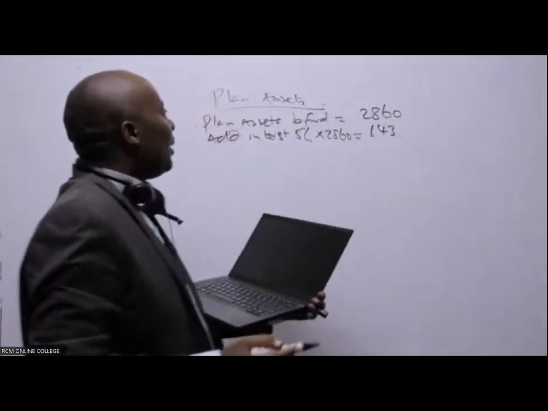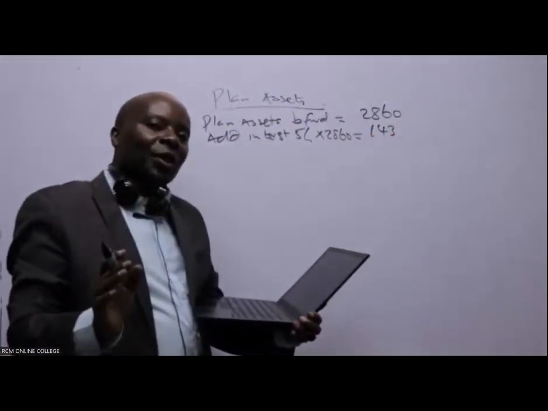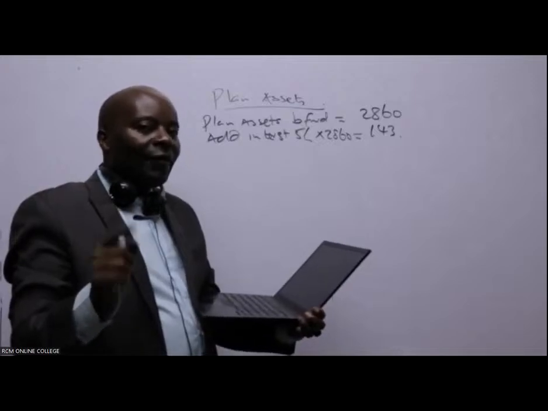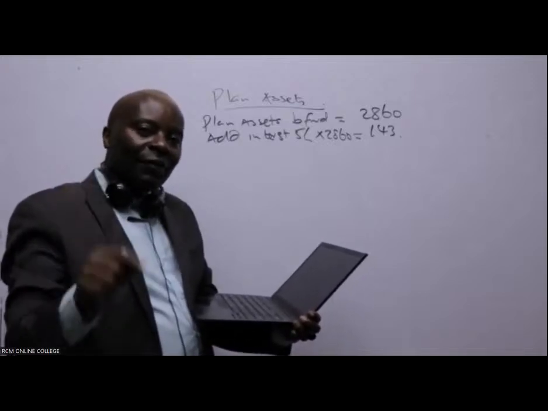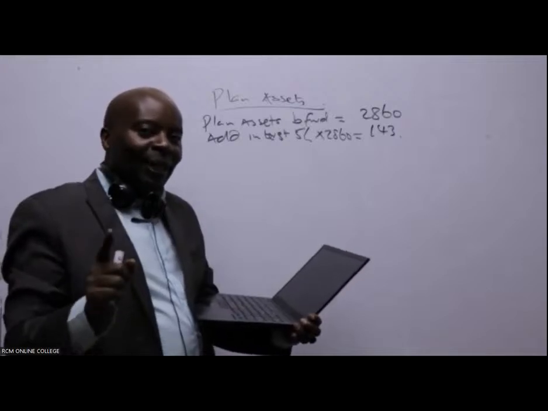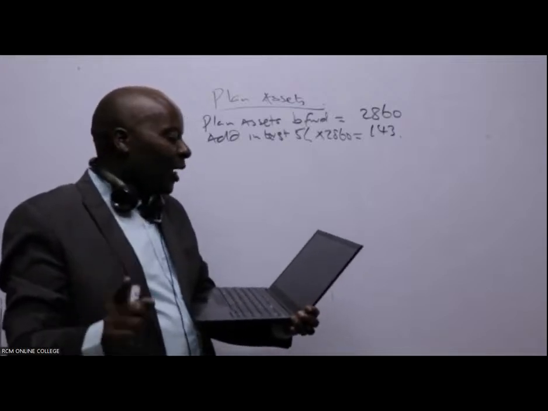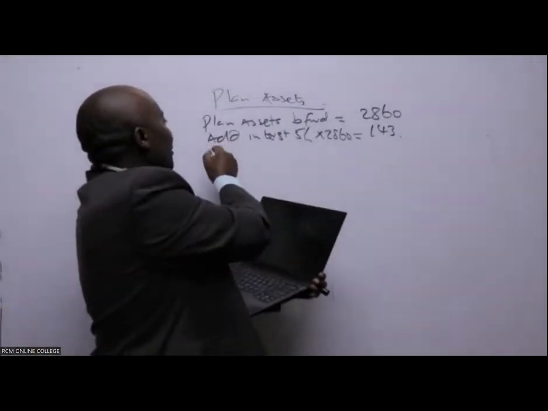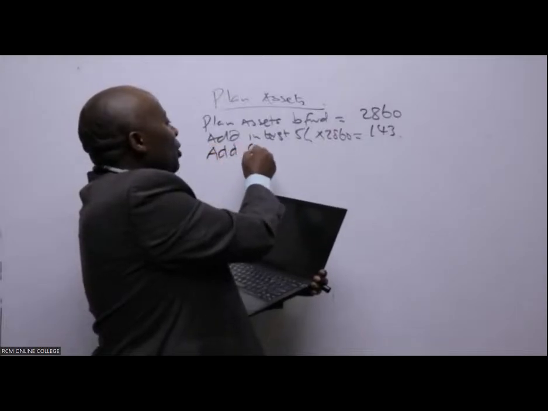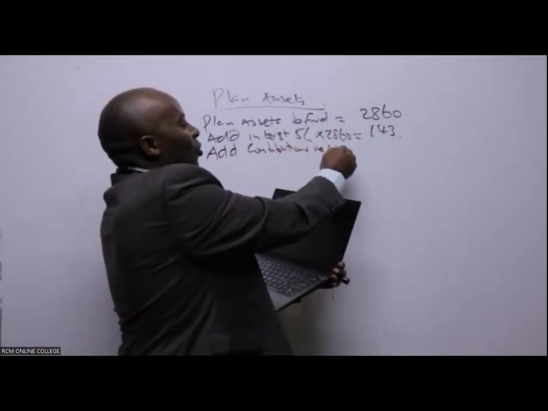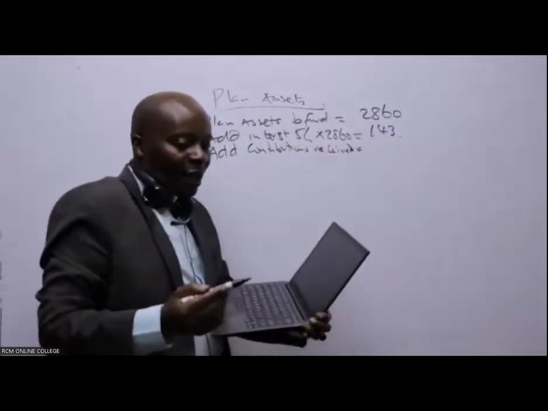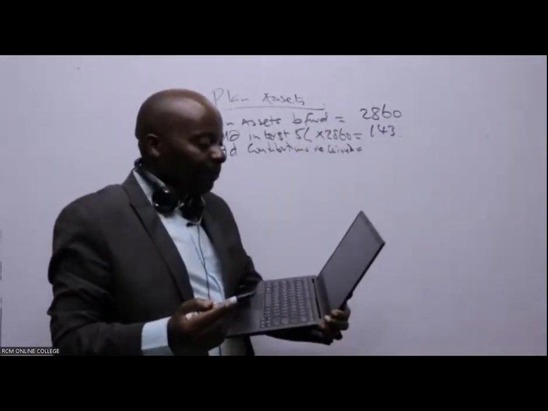Ladies and gentlemen, whenever you're looking at assets here by the side, never add anything to do with service. Because when these guys are serving you, it's not assets going up, it's obligation going up. So here we shall only add assets coming into the plan. So add contributions. How much contributions have we received here?